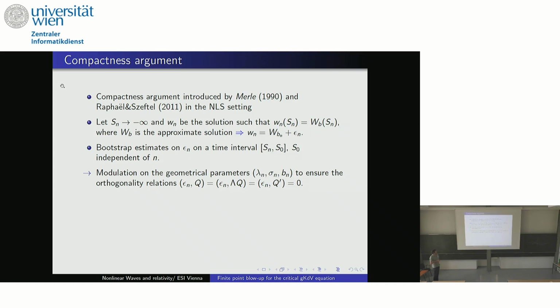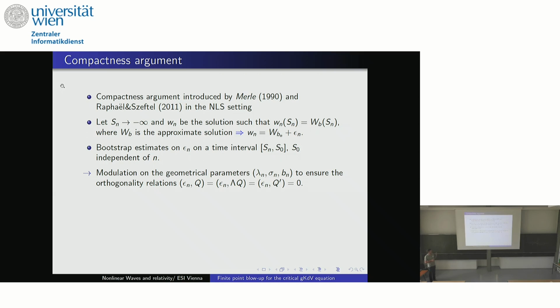So two ingredients for this. The first one is modulation theory on the geometrical parameters. Here you have to use an additional parameter because, since it is critical, it's degenerate, and you want another orthogonality condition or relation.